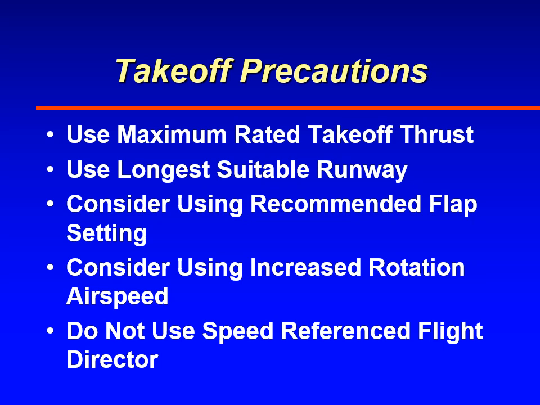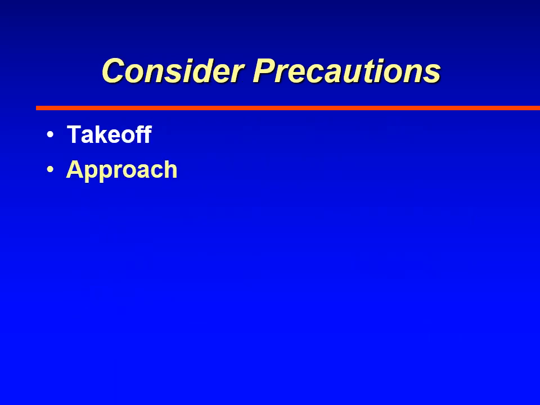And then also using the longest runway, using the manufacturer's recommended flap settings for wind shear encounters, using increased rotation airspeed to get more energy once you're in the air. And don't use the reference flight director, the speed reference. Remember, we said in earlier videos that you're really not concerned about flying airspeed, but more so pitch.